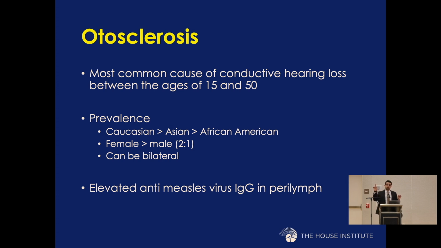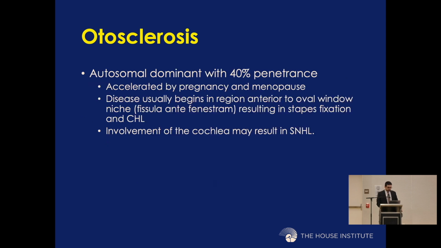There's actually a nice chart that shows as the MMR rates go up, otosclerosis rates come down, but still nothing you can do about it, meaning I think it's probably related to a genetic susceptibility that probably has some maybe cross-reactivity with antigens on the measles virus, kind of like with COVID and other things that happen with hyposmia and lung issues long term. So otosclerosis can run in families.